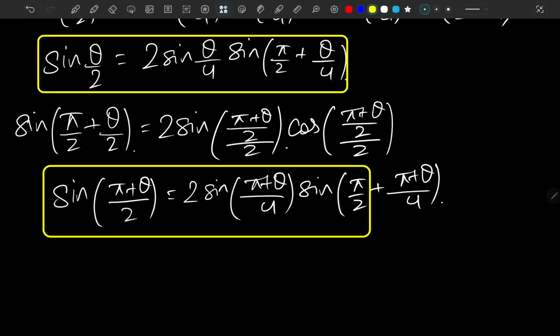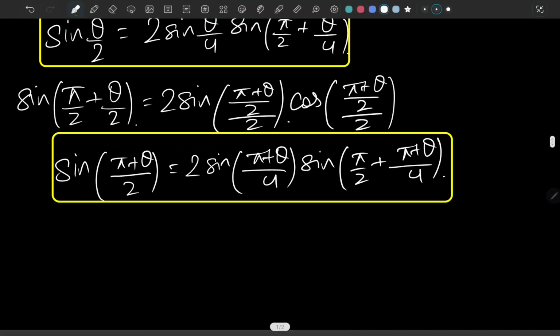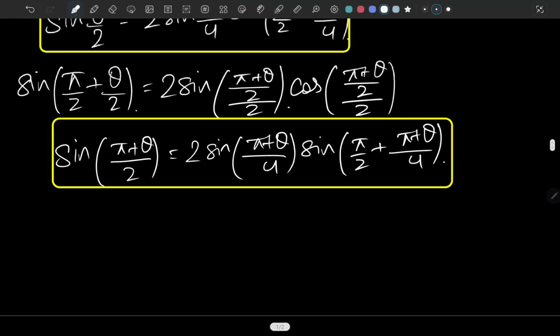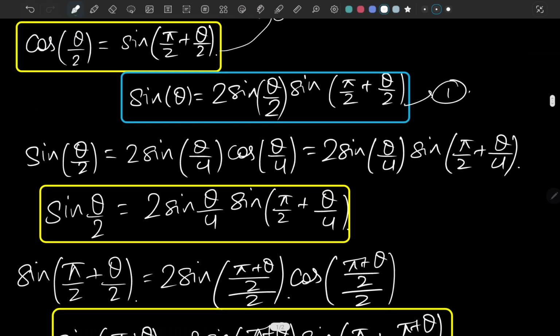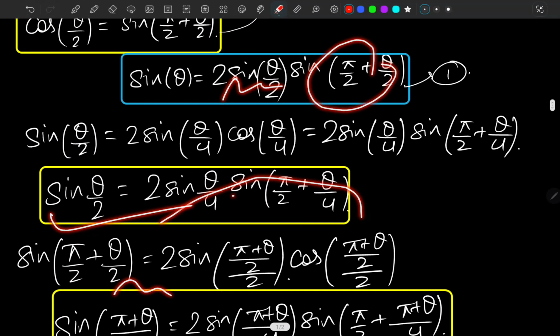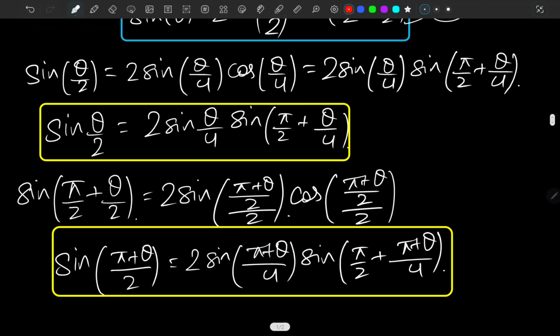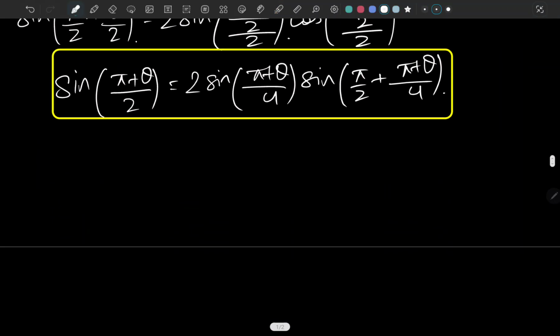Now again we're just going to plug this back into the first equation and see what we're having here. Let's plug this result in this one and this result in this one over here, right? So let's see what we're having.